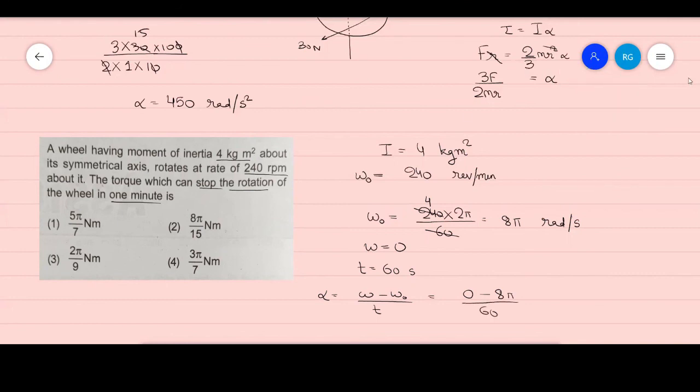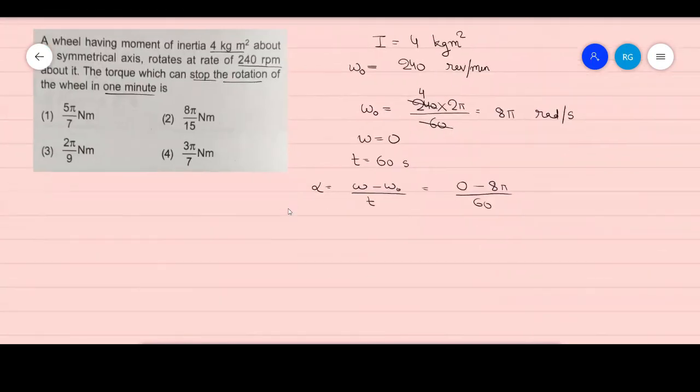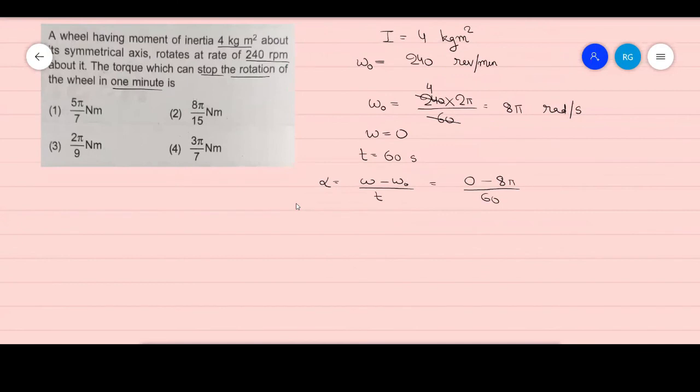So we can write the value of alpha again. It will be minus 8 pi upon 60. So 4 2s are 8 and 4 15s are 60. So it is minus 2 pi upon 15 because it is retardation.